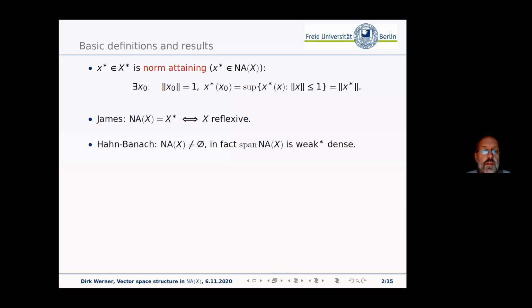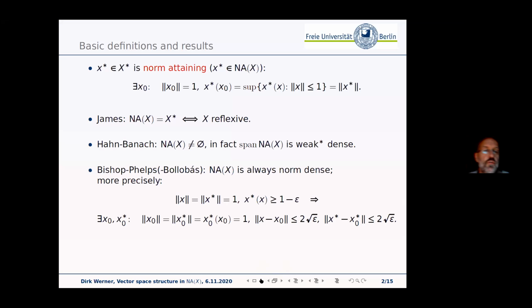So the Hahn-Banach theorem tells us in advance that the set of norm attaining functionals will always be non-empty, and in fact their span will always be weak star dense. And of course a much stronger theorem is due to Bishop and Phelps, and later refined by Bollobás, saying that the norm attaining functionals are actually norm dense.